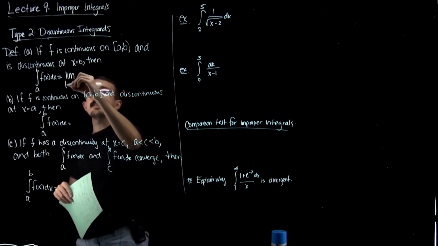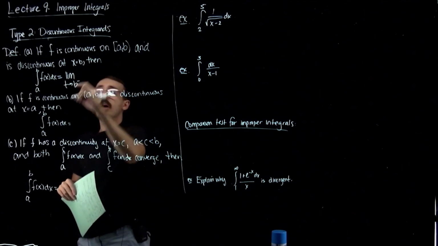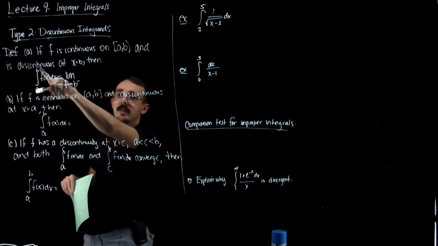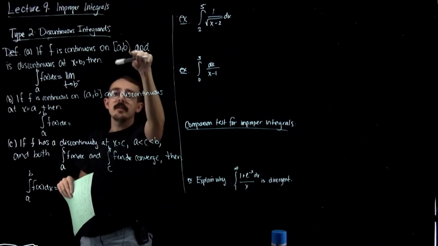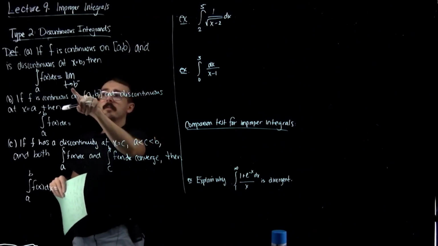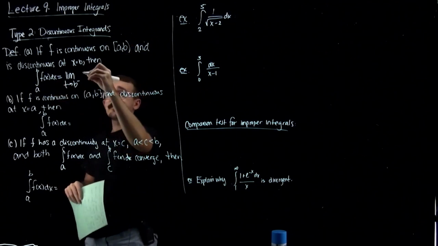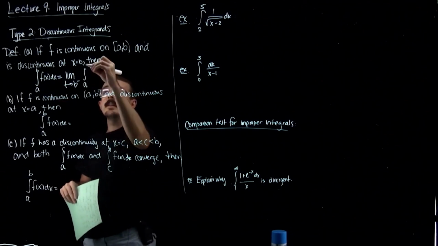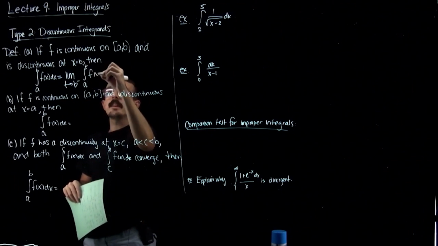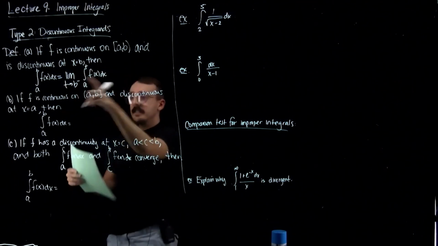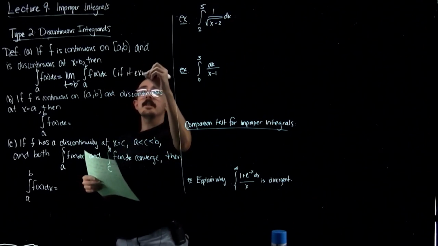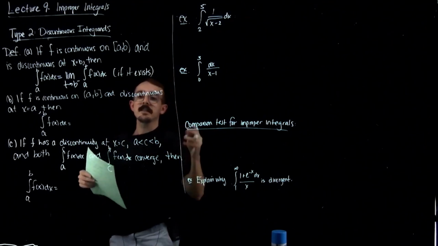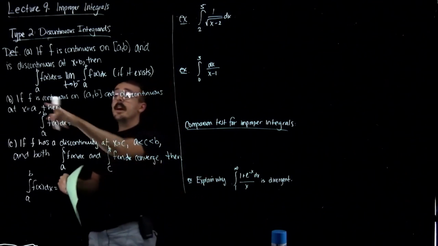So you have the limit as t goes to b from the left, because we're approaching the endpoint on the right from the left where we're still continuous. This is the integral from a to t of f of x dx. And that's true if it exists, if the limit actually exists as a single finite number.